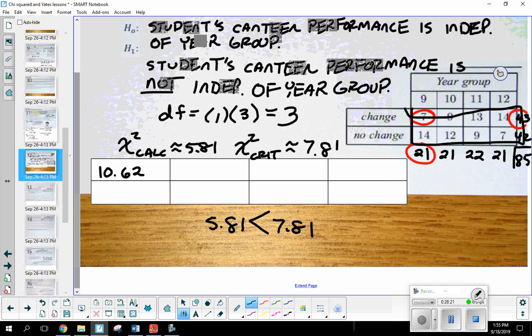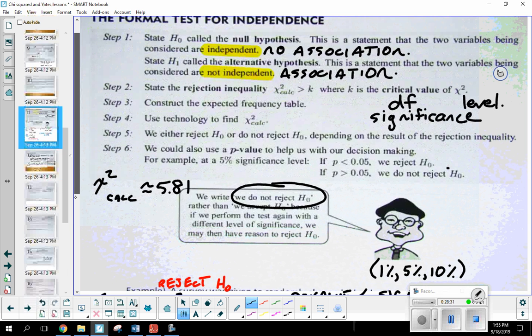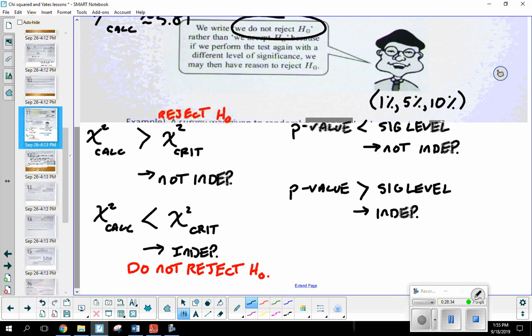My calculated value was less than the critical value that we got from the table. So now, what does that tell me about my quantities? What am I going to choose here? There you go. My calculated value was less than the critical, so that tells me they are independent.